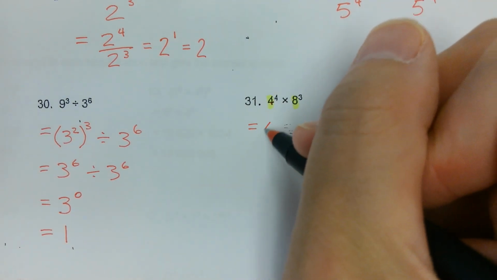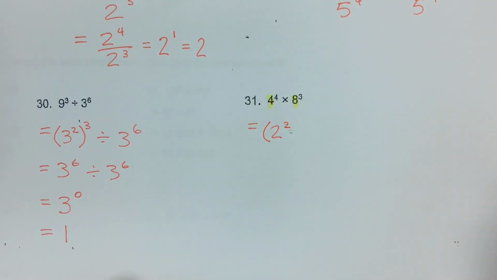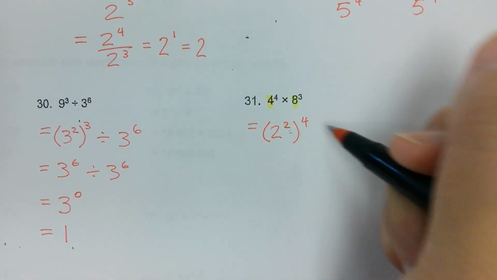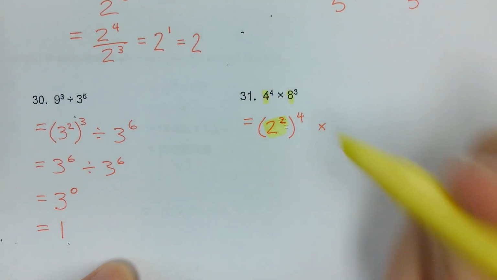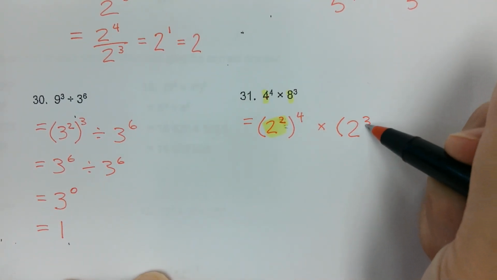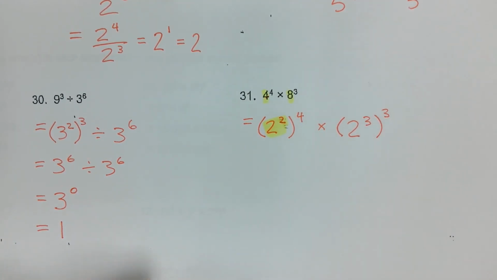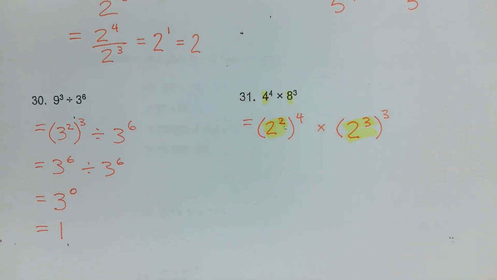The connection between both numbers is 4 is 2 to the power of 2, and 8 is 2 to the power of 3. So we actually have to change both numbers in this case.